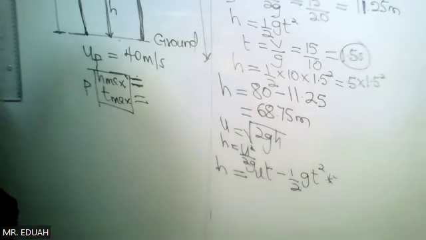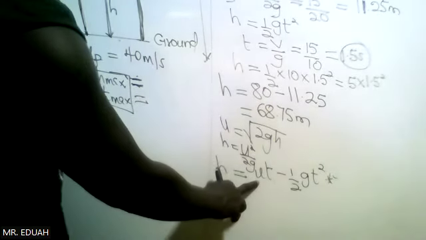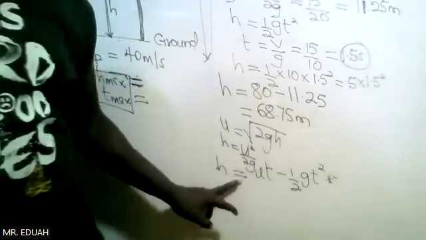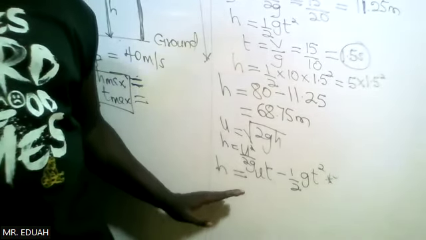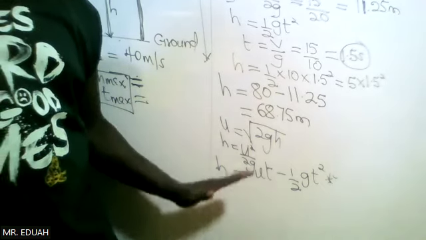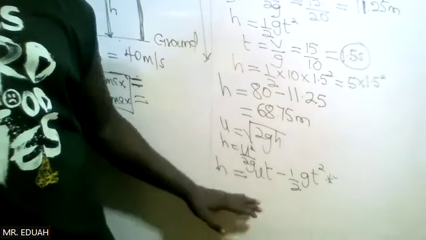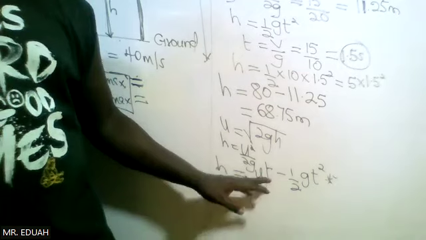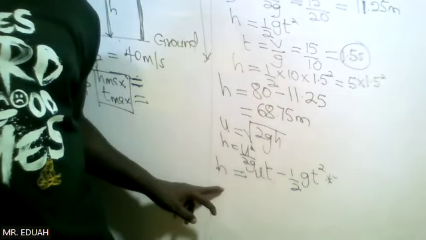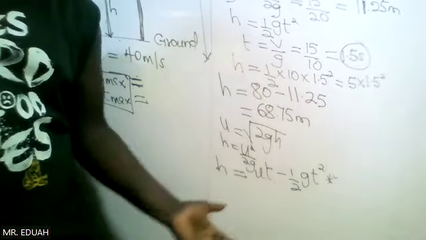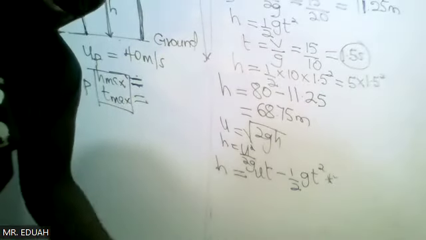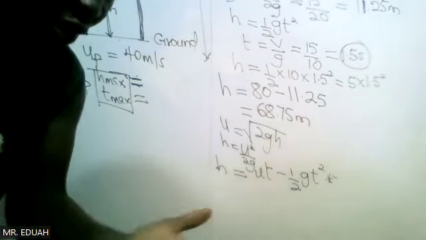You are looking for the velocity of projection. This formula tells you that when the body is going up, at any vertical distance traveled, this is the relation to help you get h, knowing the time.